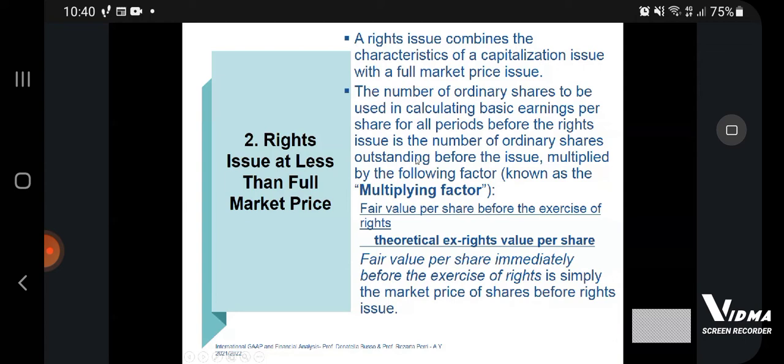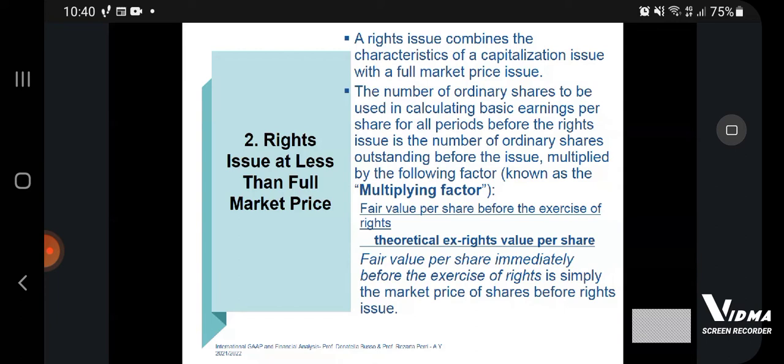The multiplying factor will be the ratio between fair value per share before the exercise of rights to the theoretical X rights value per share. Again, we will apply a certain fraction or a certain factor. During the rights issue, this factor is not known as bonus factor, but as multiplying factor.